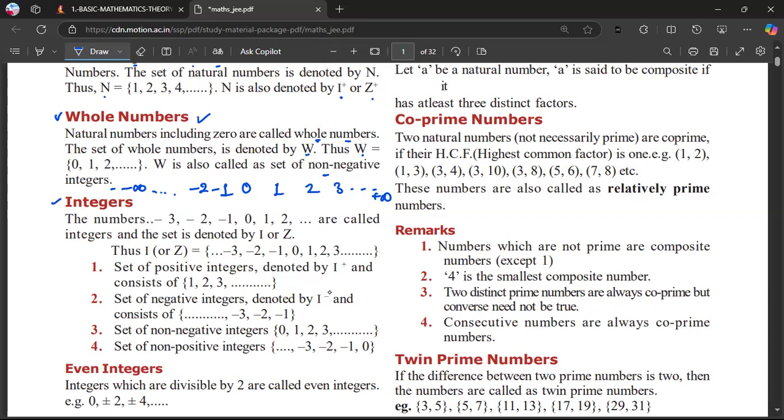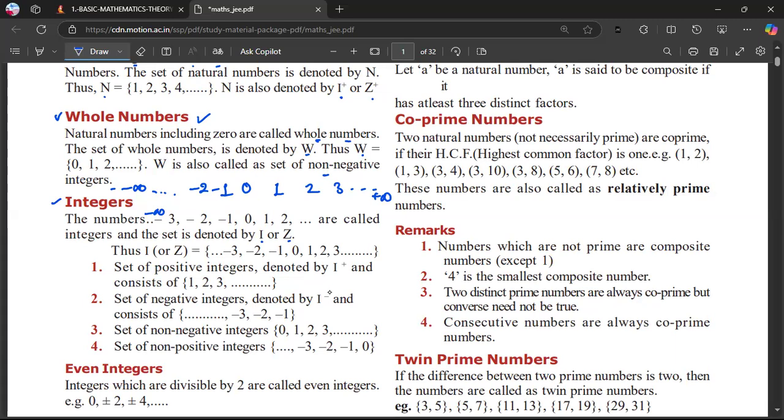All these points where numbers do not have any fractional value, are complete, and do not have any decimal, are called integers. So the numbers from minus infinity, minus 3 to minus 1, 0, 1, 2, 3 are called integers, and the set is denoted by I or Z. Great.